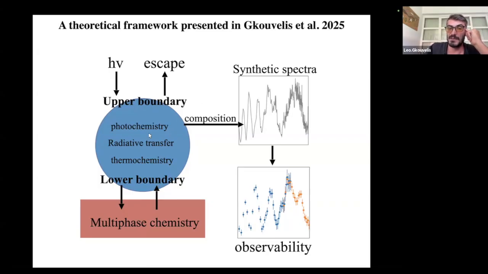The timescales in the atmosphere can be hours to months, while the lower boundary here, the interaction with the interior of the planet, is in geological timescales. Now, once we have this framework and we can simulate, and we can find the statistical steady state of each scenario that we want to simulate, then it's actually very easy to produce synthetic spectra of the atmosphere, because we just need to solve the radiative transfer, right?